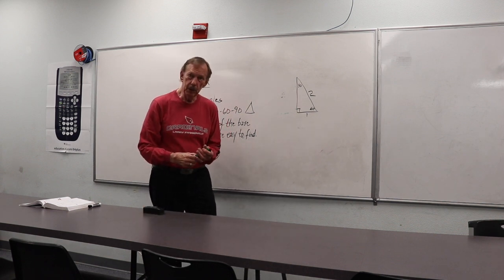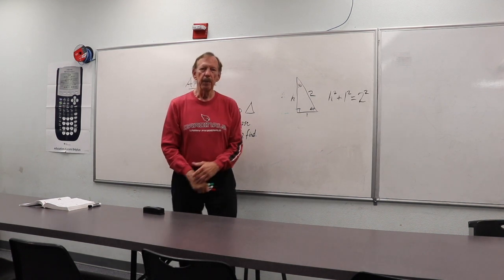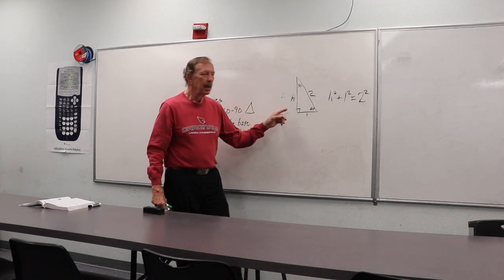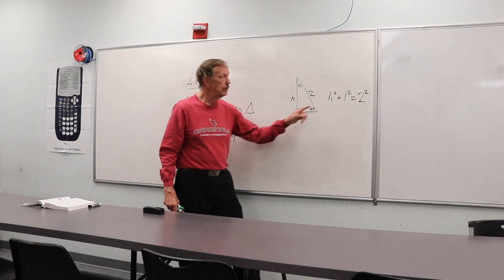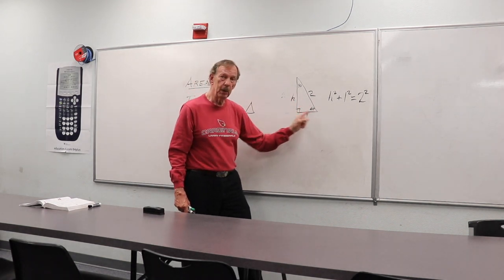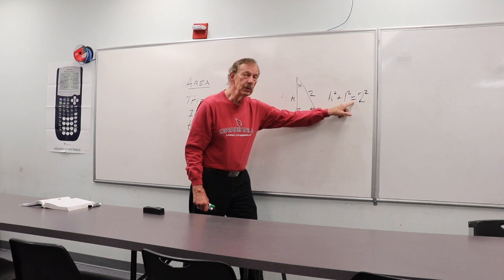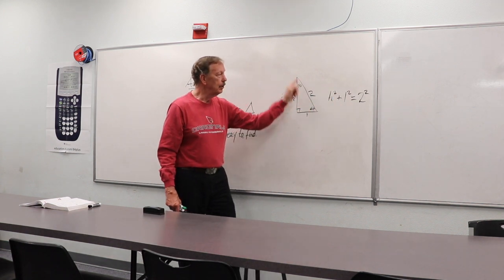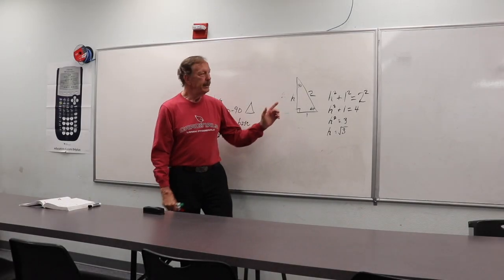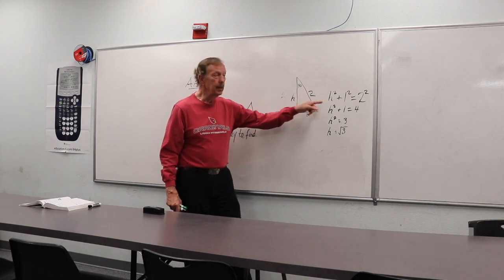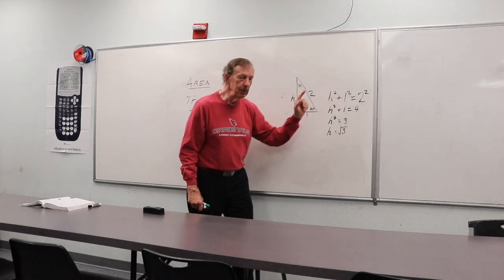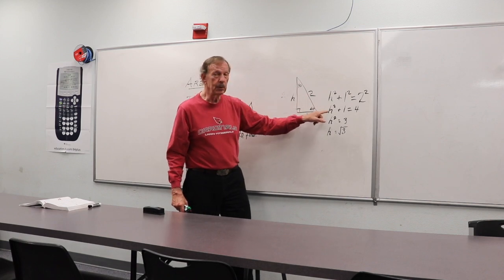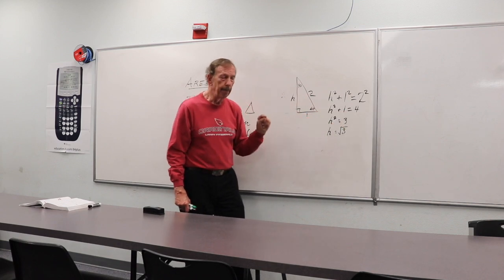And we're going to use Pythagoras. Pythagoras tells us that the sum of the squares on the two legs, h squared plus 1 squared, is the square on the hypotenuse. When we do the arithmetic, h squared plus 1 squared is 2 squared, we get h squared plus 1 is 4.